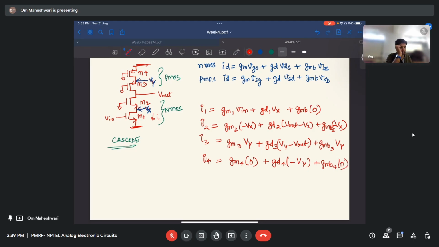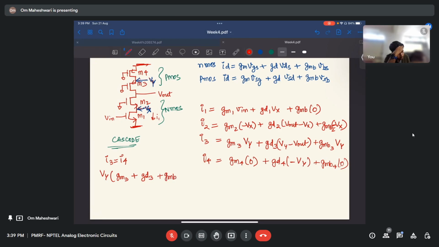Okay, so next, what we will do is we will try to eliminate Vy first. So for that, we will equate these two equations. I3 equals to I4. Now I will directly take Vy common. GM3 plus GD3 plus GMB3 plus GD4 equals to plus GD3 V out.